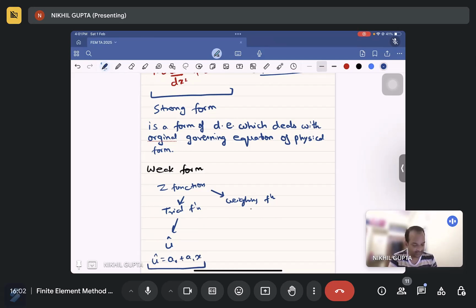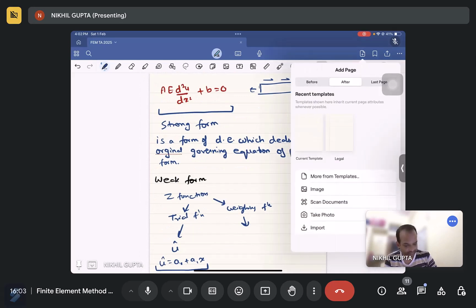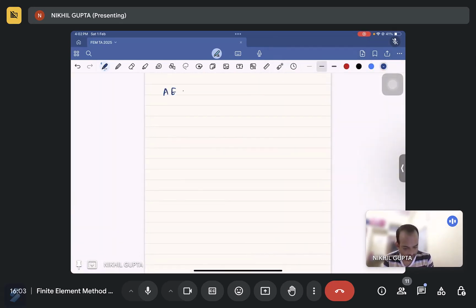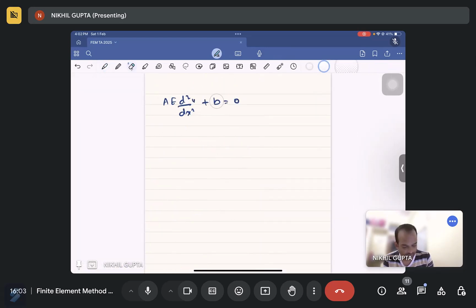So what the weighing function is, it is another function which is applied to get the residual less. Means if this is the equation, ae d2u by dx square plus b equals to 0, you have to multiply a weighing function w.